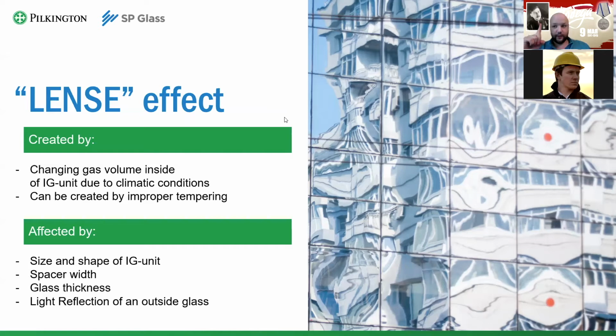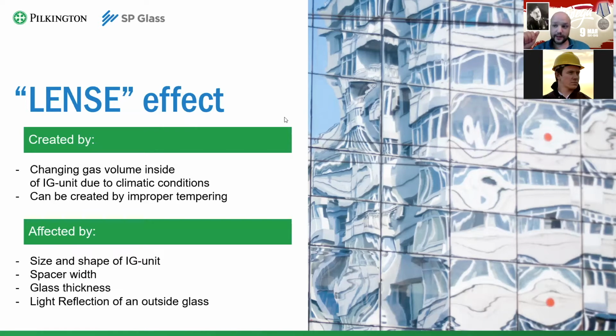Remember that when you temper glass, tempered glass can have a bending of its own, which is regulated by the standards, but 1 or 2 millimeters is quite natural.